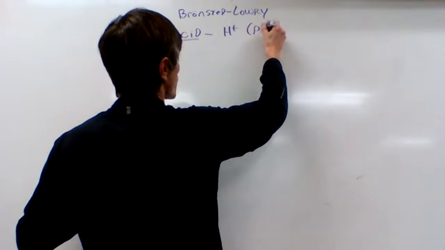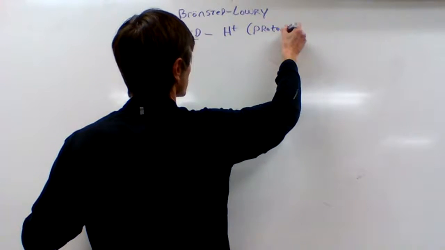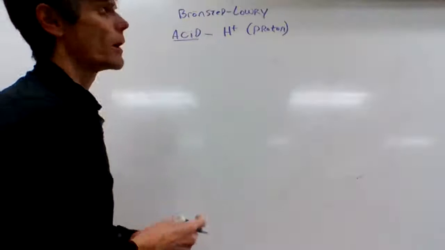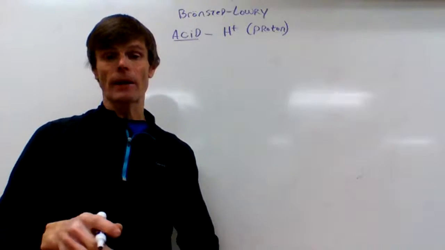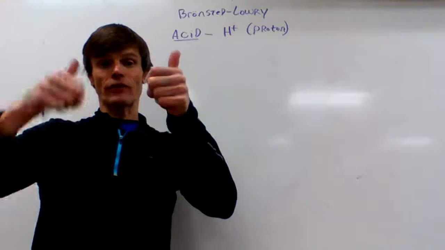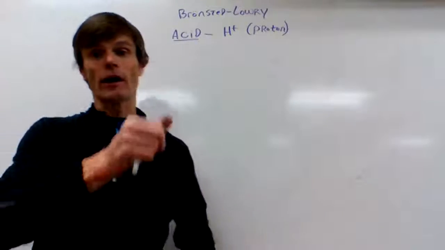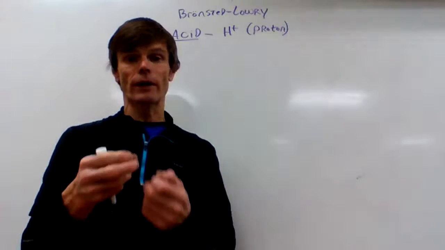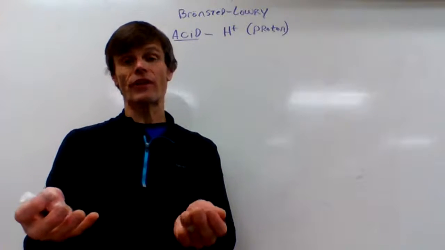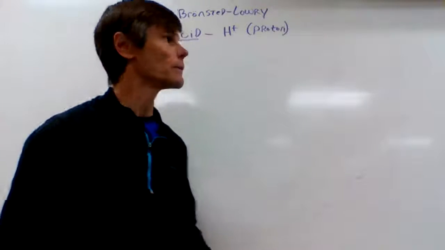We sometimes call this a proton. If you recall, the hydrogen atom has a single electron and a single proton and no neutron. The hydrogen ion has lost its single electron, and we're left essentially with nothing more than a proton.